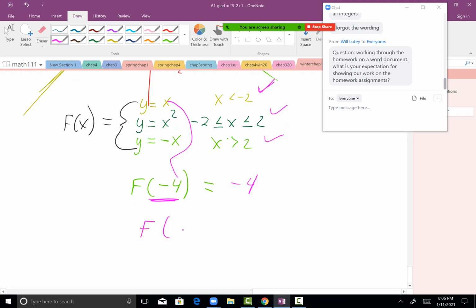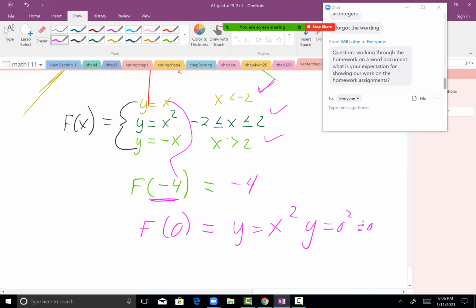So then if we do f of, say, 0, do we do the top, middle, or bottom condition? Which one? 0. The middle. The middle condition, right? So then that would be y equals x squared, where x is equal to 0. So that gives you 0.